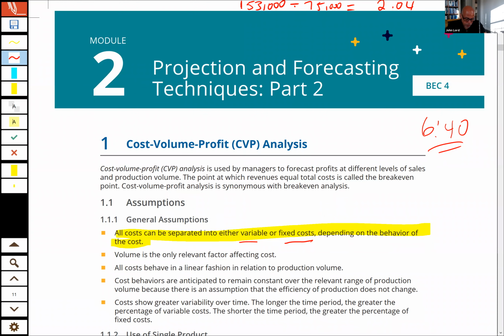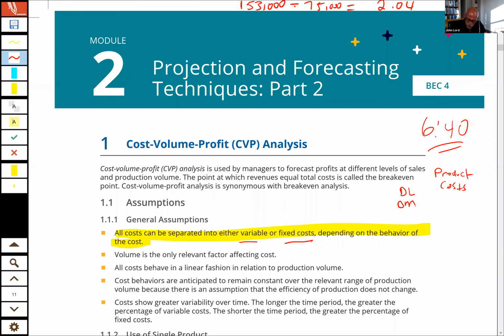So variable cost, and let's talk about product cost first. What are our product costs? Manufacturing overhead, direct labor, direct materials. Good, direct labor, direct materials.